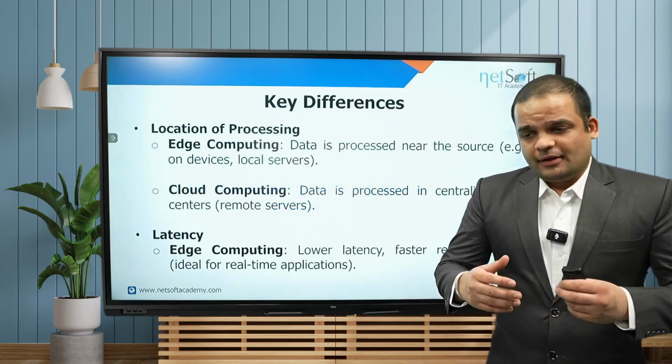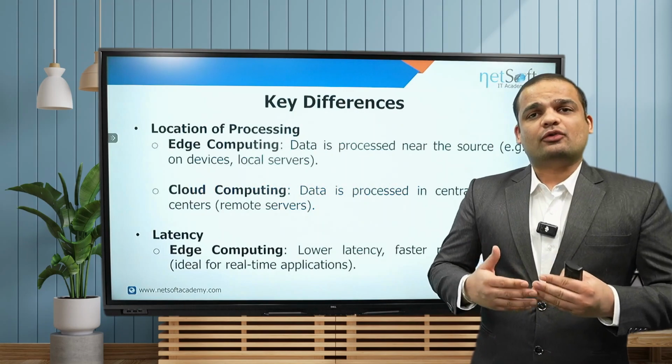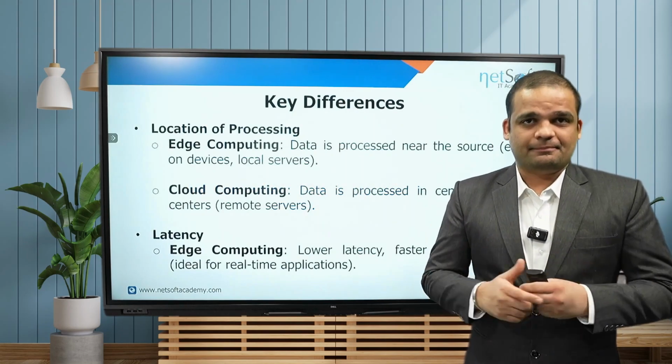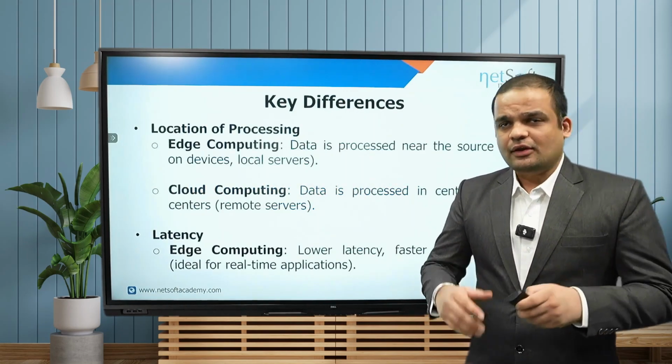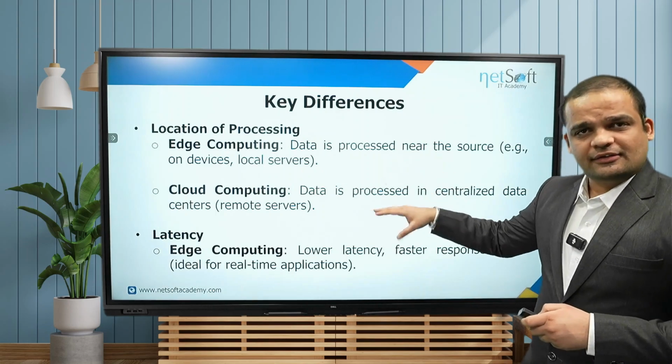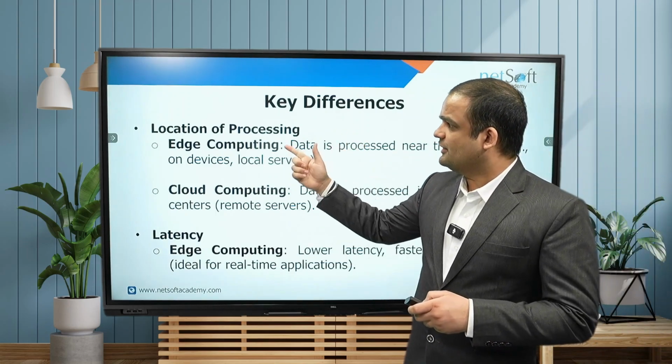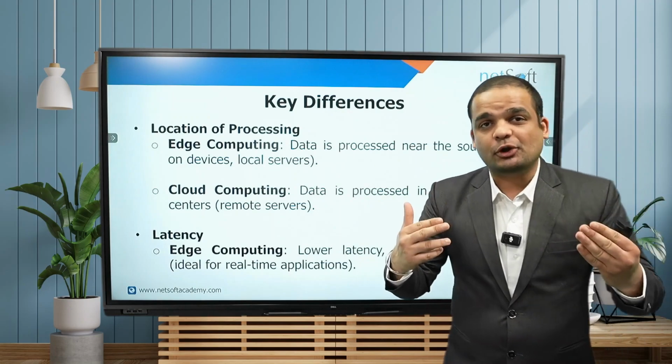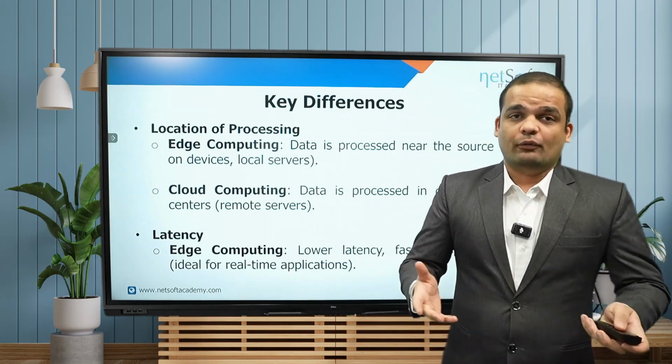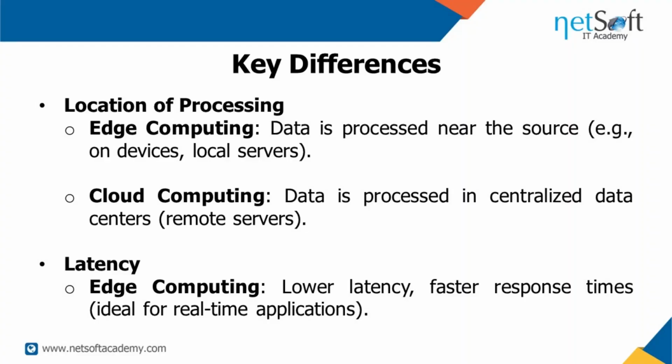Well, first, let's talk about where data is processed, specifically for both sides. So the first difference will be the location of compute or processing. Well, in edge computing, the actual computing happens close to the source of data. Think local servers or devices right where the action is.